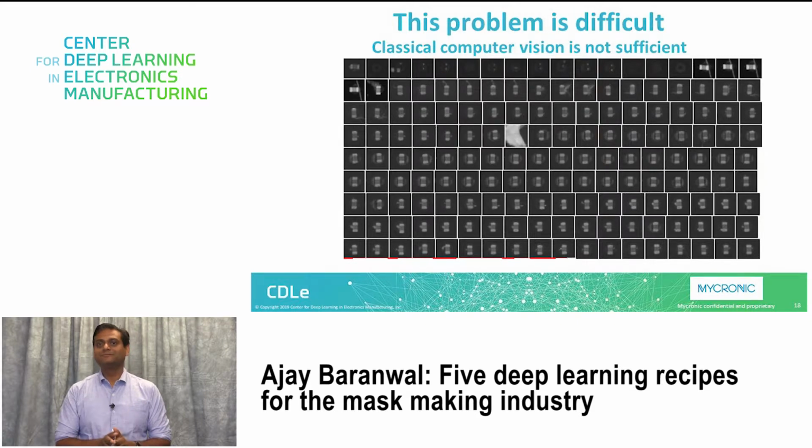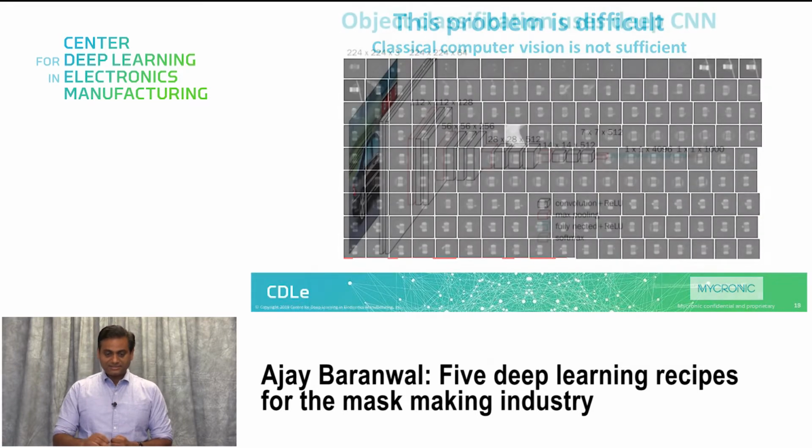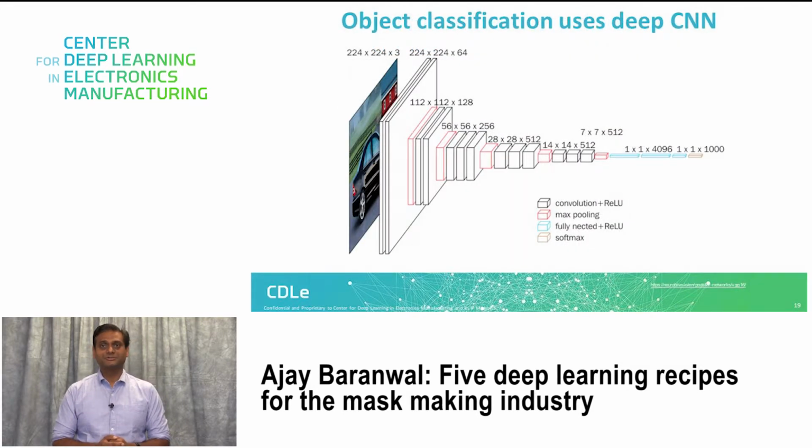So classical computer vision does not work here, because those methods are based on handcrafted feature engineering, whereas a deep learning based approach can learn the features through the filters. This is an example of VGG16net, which has 16 layers with 3 by 3 convolutions.